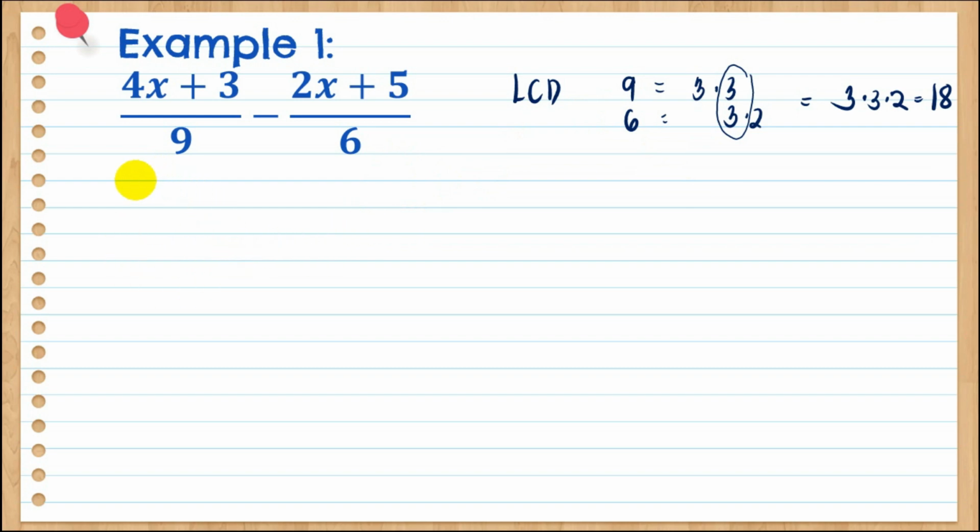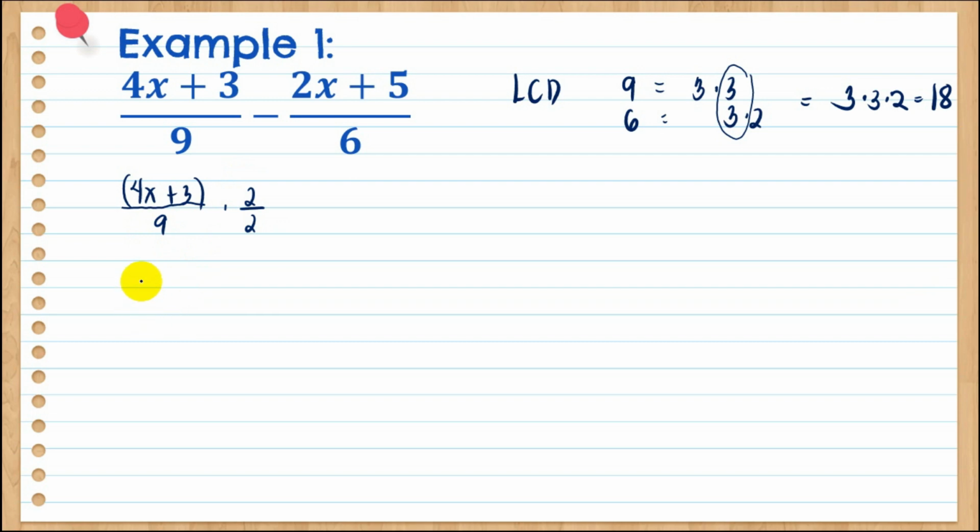So, our LCD for our first example is 18. That means, kailangan ang ating denominator ay maging 18. So, for our first RAE, 4x plus 3, let's enclose that in parentheses all over 9. Okay? So, what is 18 divided by 9? That is 2. So, we have to multiply both numerator and denominator by 2.